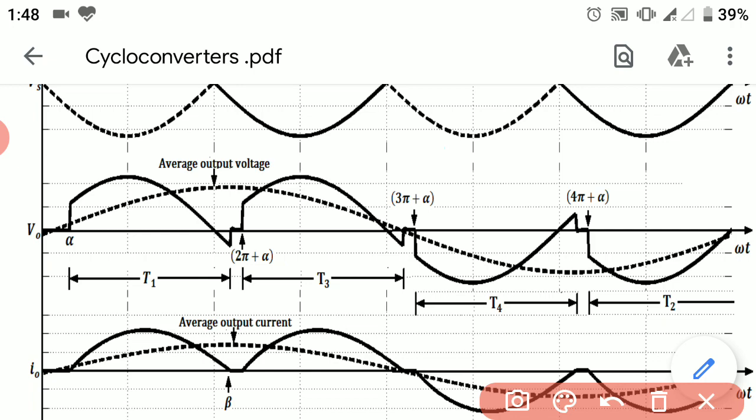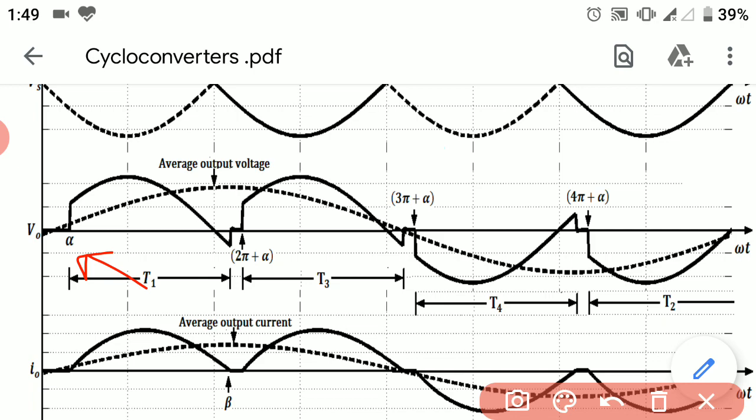In this waveform, as you can observe, the thyristor T1 has to get turned on at omega t equal to 0, but it gets turned on at omega t equals alpha. This is the alpha angle, that is the firing angle. The thyristor T1 actually turns on at omega t equal to alpha.